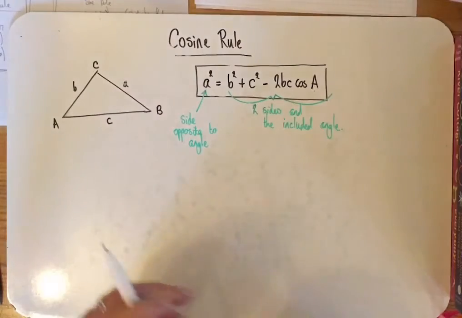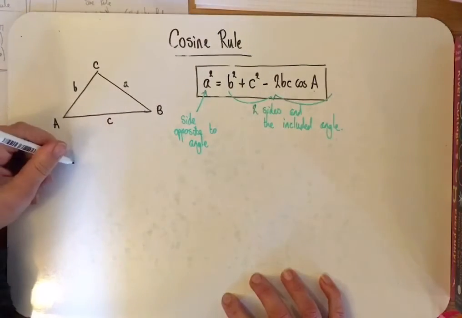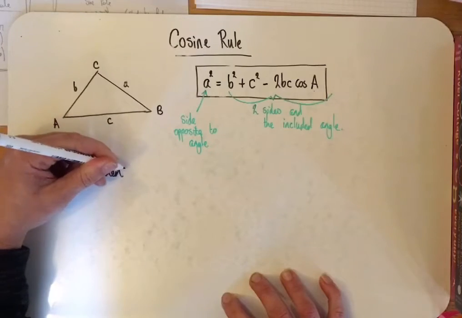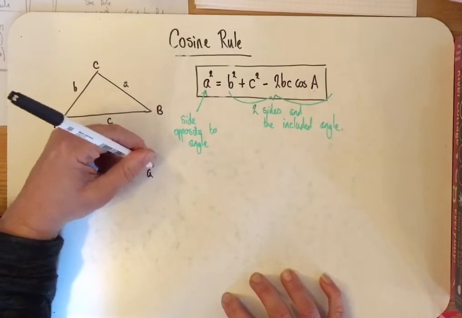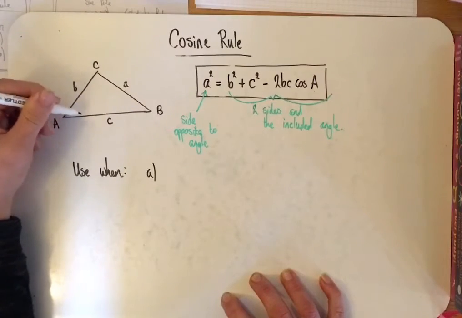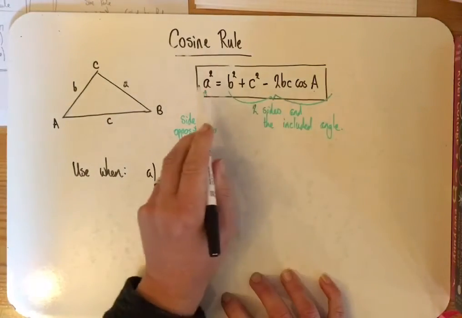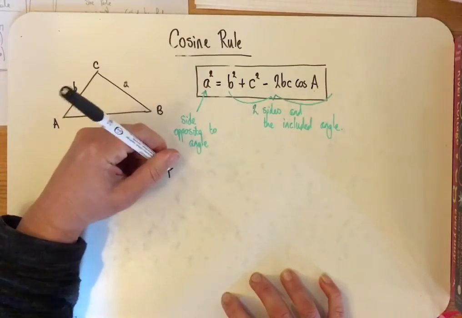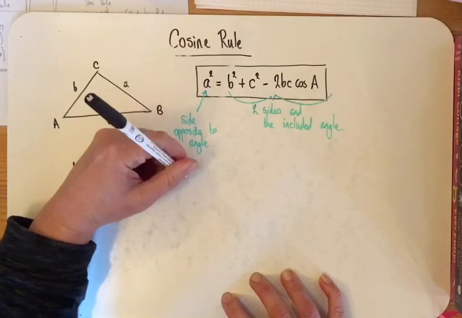So you use the cosine rule in two cases. Either when you know two sides and the included angle, so you know the stuff on the right-hand side and you're trying to find the opposite side. I'll go through an example of each in a minute.